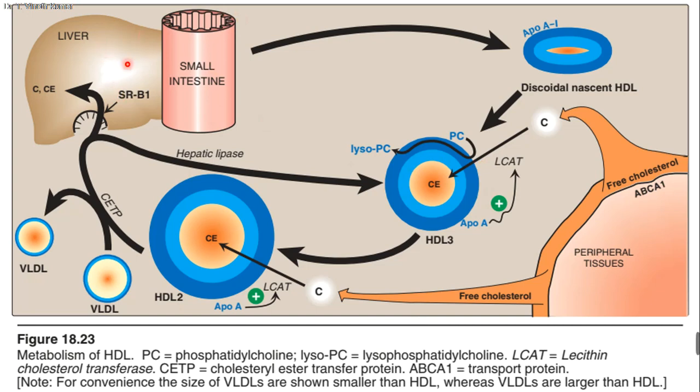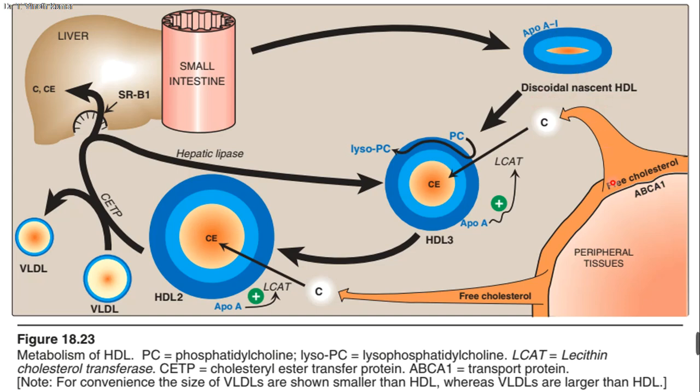First of all, this HDL is synthesized by the liver and the small intestine, and this is the discoidal, nascent HDL. It is not the final form of HDL. This HDL has ApoA1, which is a part of the discoidal nascent HDL.